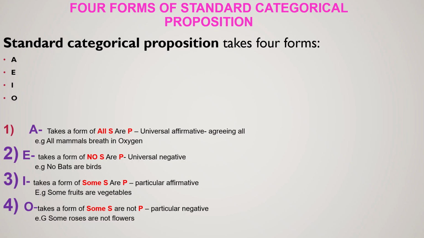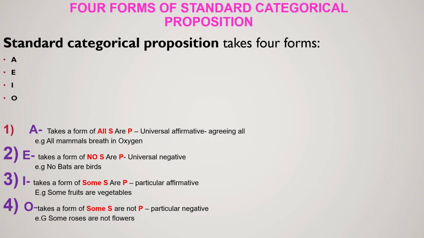For example, when you say all mammals breathe in oxygen, you have not left behind any mammal when it comes to breathing in oxygen. So you have universally agreed or affirmed all of them. So "All S are P" refers to all subjects being in the predicate. All the propositions that take this form are labeled as A.